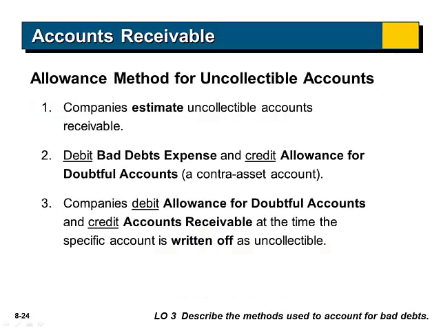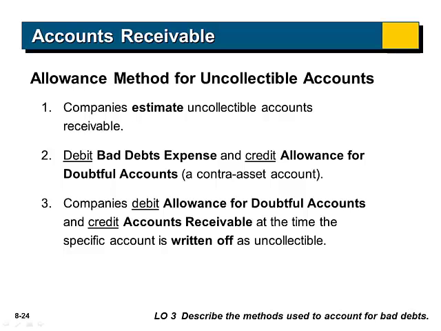Under the allowance method for uncollectible accounts, companies have to come up with an estimate for the uncollectible accounts receivable. So how did they get that $30, or that $40 from our previous slides? Well, they have to come up with an estimate, and we'll talk about that in a couple of different slides. But basically, once you come up with that estimate, you would debit bad debt expense and credit the allowance for doubtful accounts.